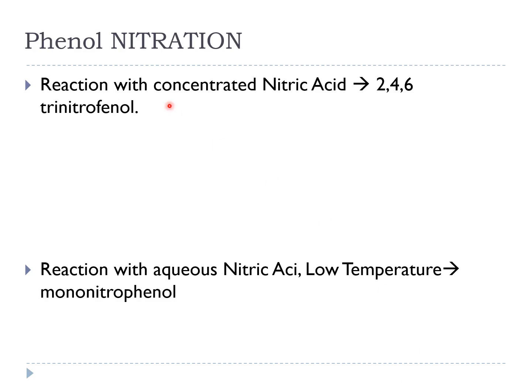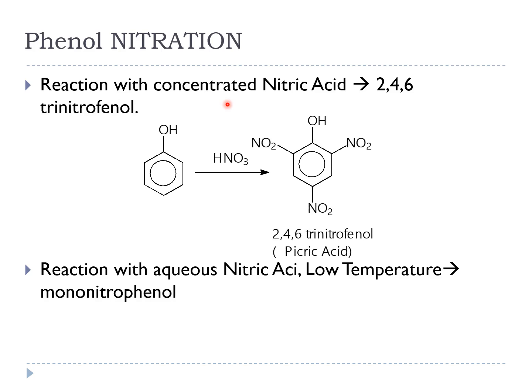So the reaction of phenol with concentrated nitric acid will produce 2,4,6-trinitrophenol, which means that all the possible positions of phenol will be filled with nitro. So all possible positions in phenol.